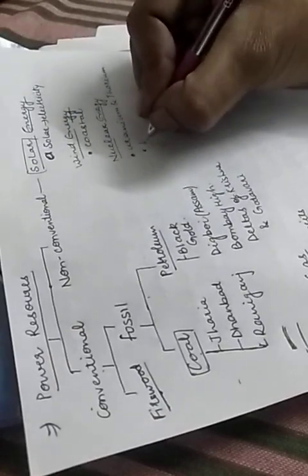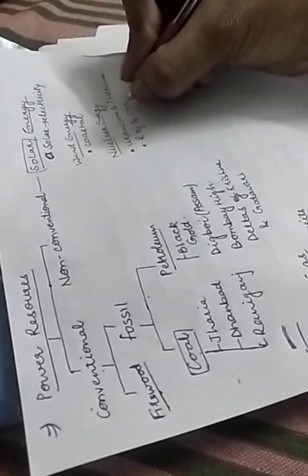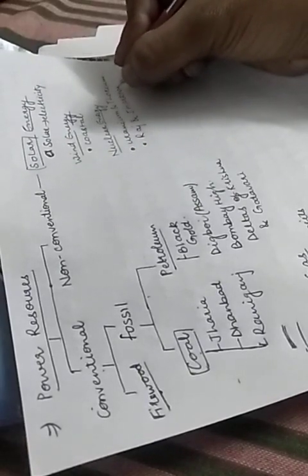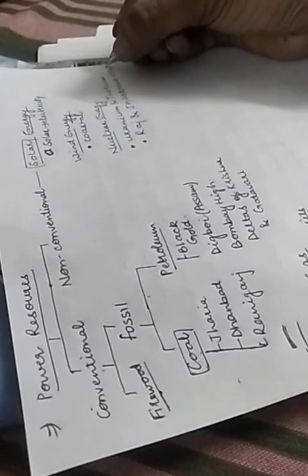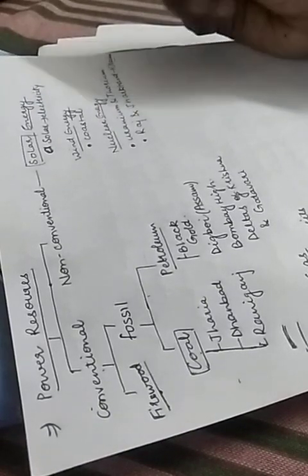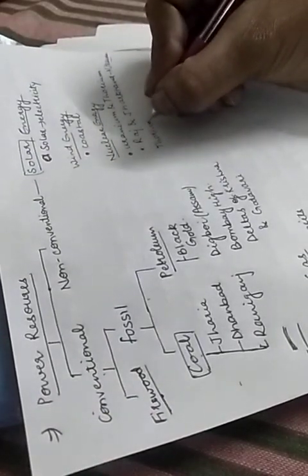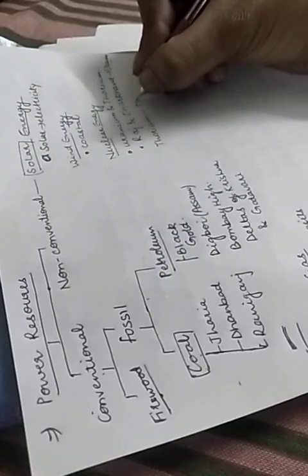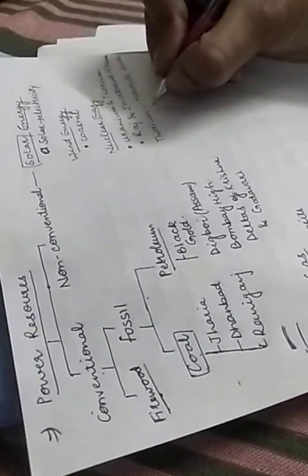In India, Rajasthan and Jharkhand have large deposits of uranium. And like I have said, thorium is found in the monazite sands of Kerala.